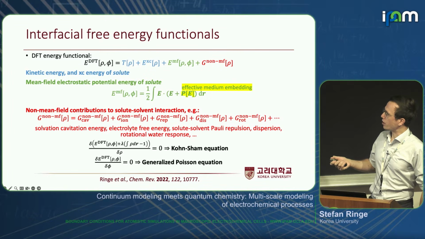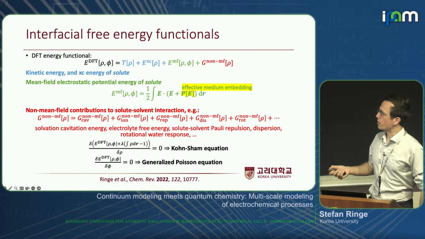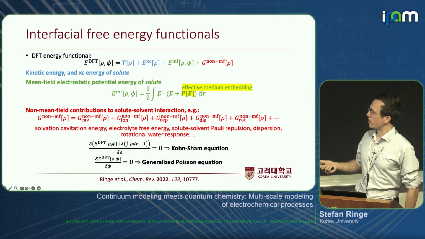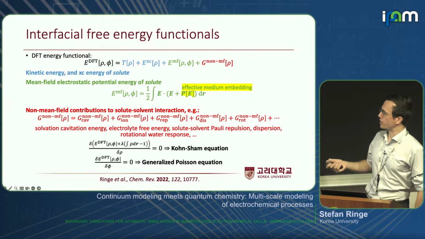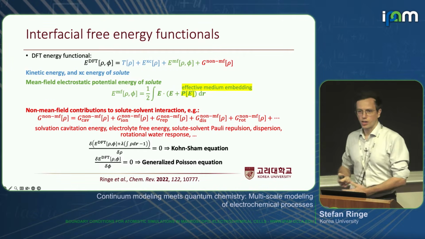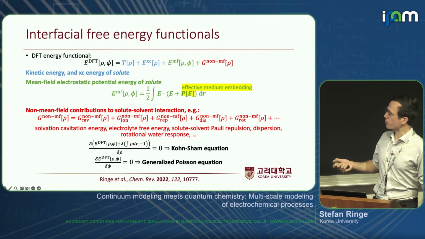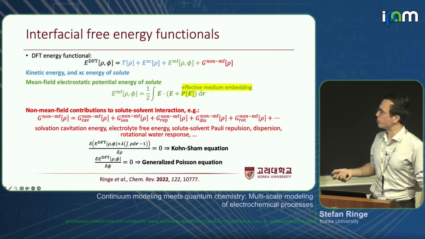Then we have the kinetic energy of electrons, the exchange correlation functional, the mean field electrostatic energy, and then some kind of non-mean field contributions. The mean field electrostatic energy of the system is given based on the electric field and the polarization functional, which we need to choose. I will show you in a minute how we can choose it, so that we can control our implicit environment.